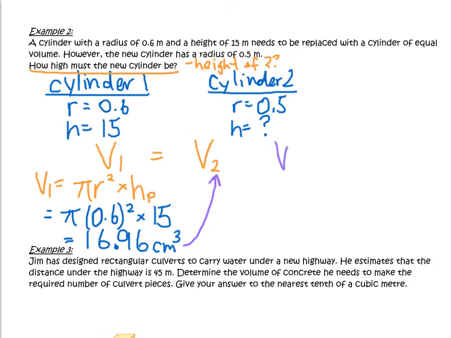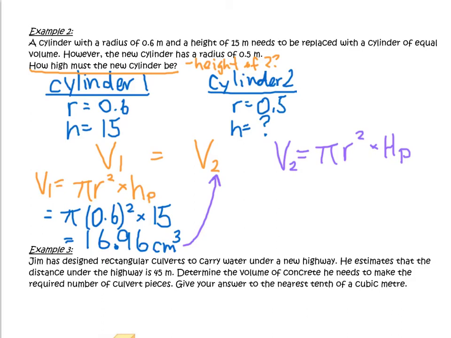Again, we use a formula for cylinder 2. Cassidy, what is the volume of a cylinder? We just did it right here. Pi r squared times the height of the prism. This time plugging in the information that we do know.